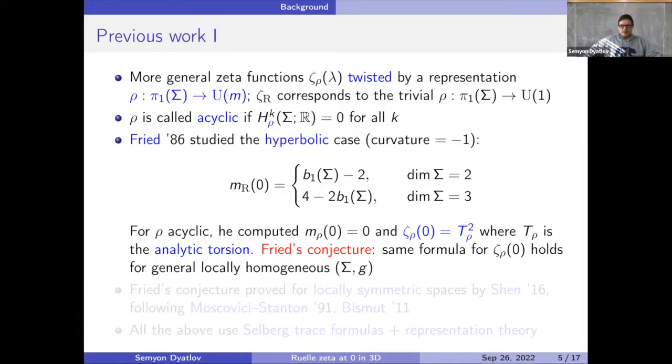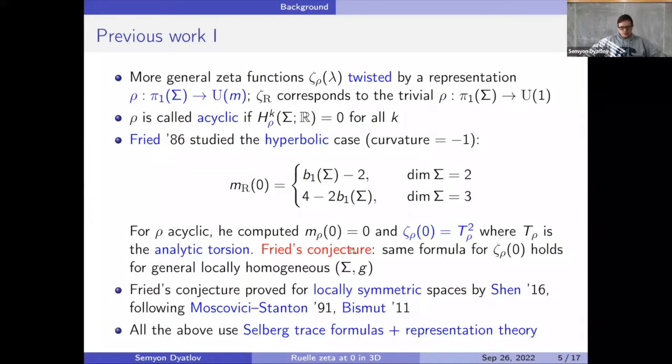And Fried did that, and he described it in terms of the analytic torsion, which is the same as the Reidemeister torsion, which is a kind of next level topological invariant associated to sigma and rho. And then he conjectured that the same formula for the torsion holds in a more general setting of locally homogeneous spaces, which are manifolds which still have a lot of symmetries.